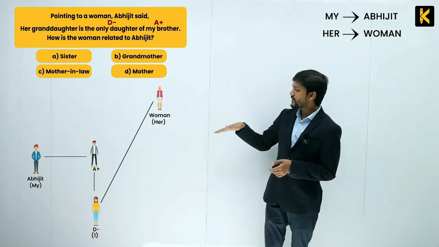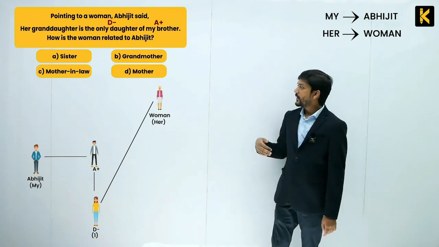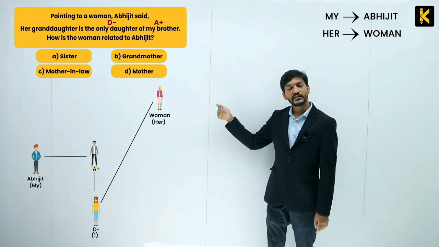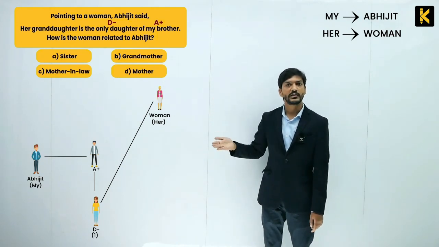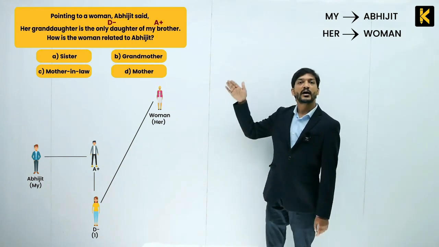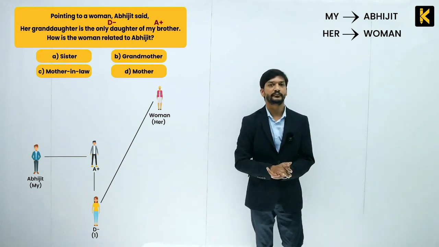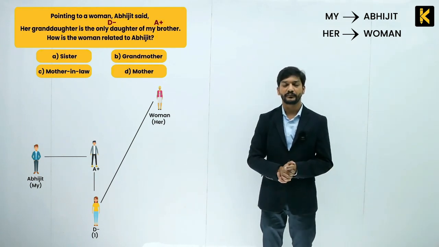For other persons, I have not written woman. So my means Abhijit, brother means A. Then only daughter means what? Only daughter means D minus. Only daughter is her granddaughter. Alright, so this is how the diagram will be.